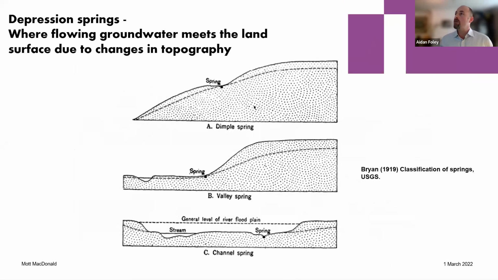Here are some more. This is the cutest type of spring name that you can encounter, the dimple spring. These are types of what are known as depression springs. It's basically where you have a relatively uniform geology, but the water table intercepts the surface of the land. These are some typical settings in which that occurs, such as a small erosive feature.